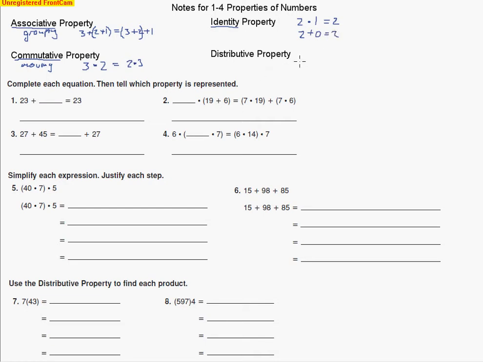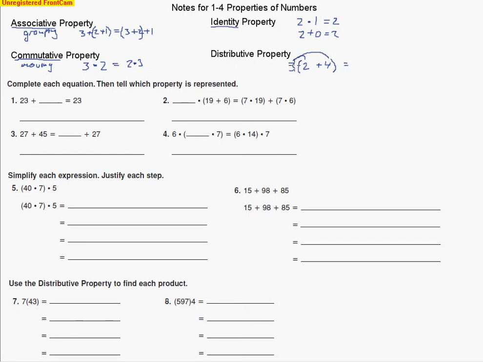The distributive property is when you multiply over addition or subtraction. For instance, if I had 3 on the outside and a 2 plus 4 inside, instead of adding first, I could multiply the 3 over the 2 and the 3 over the 4, and then add and get the same answer.